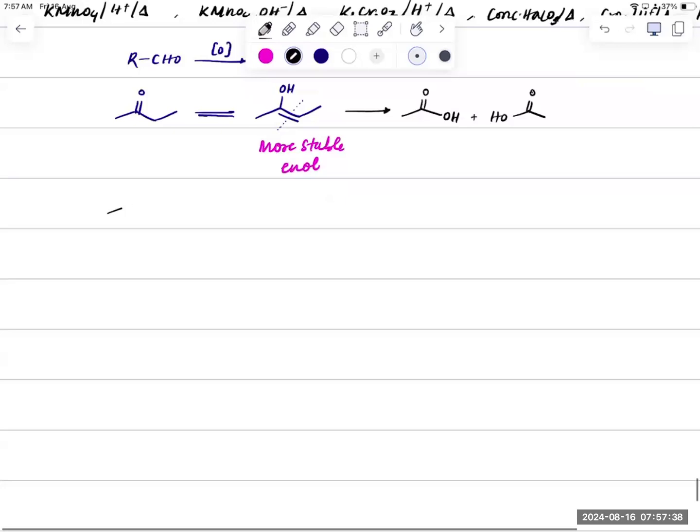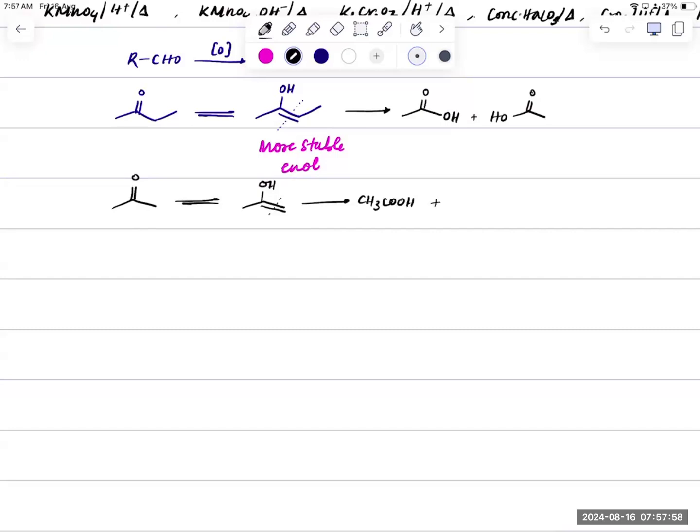And if you have it like this, first I'll make an enol, and then bond breaking happens. So we will get CH3COOH from one end, and the single carbon should always be converted into carbon dioxide.